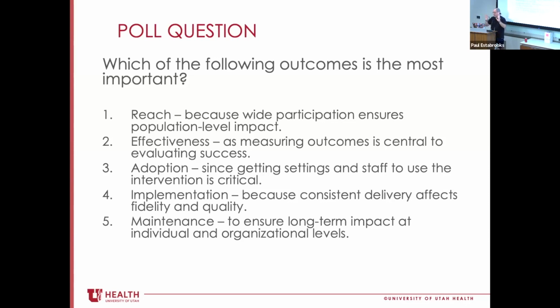Now, if I was being more complex about it, I would think more around improvement science and public health in general, where we're thinking about designing for dissemination right from the get-go. And so effectiveness might not be a guarantee at that point. Okay, so are we agreed?